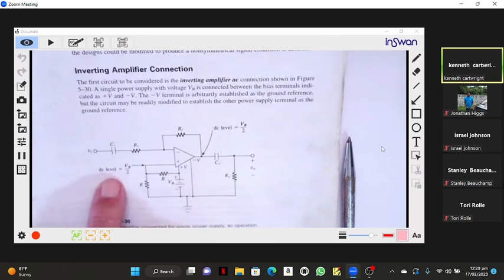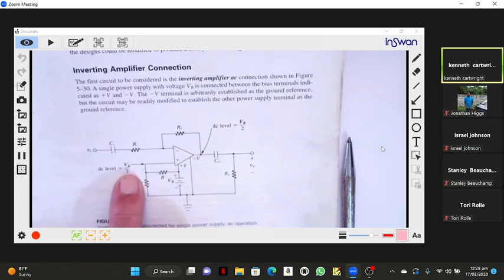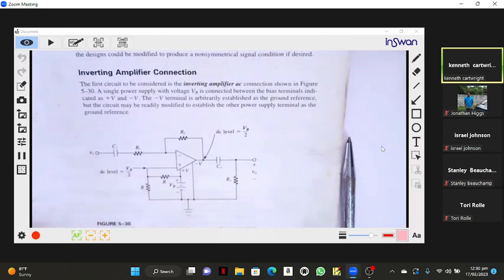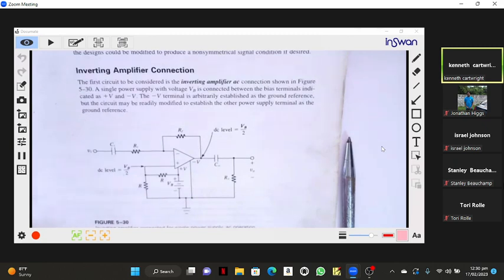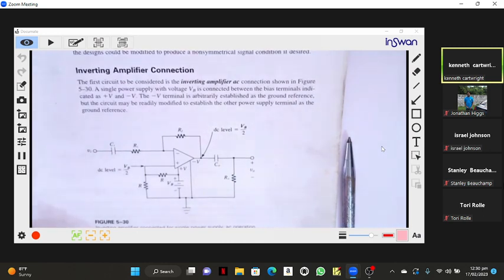If that didn't say DC level, how would I know? How would I know that's a DC voltage? Capital V and capital B. That's a terminology we use in most books. VI means AC, or a function of time. VI means VI of t. Capital V means DC. Capital V underlined means phasor. There's a language to a book, and if you don't know that language, then you can't read the book.